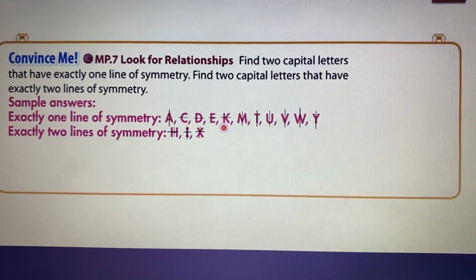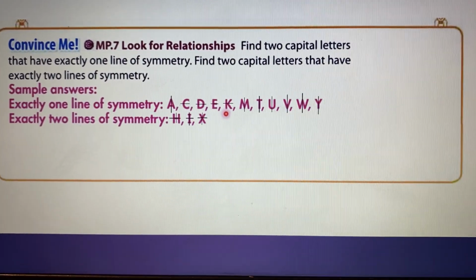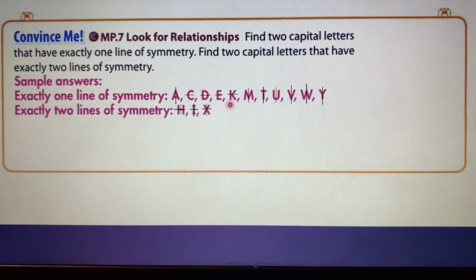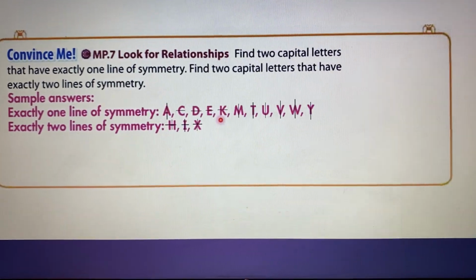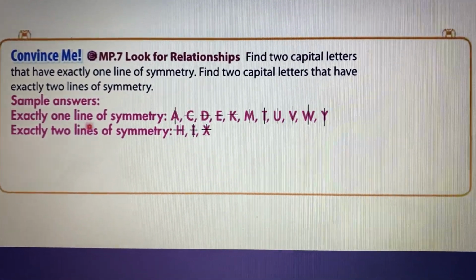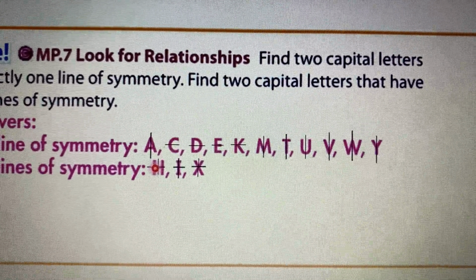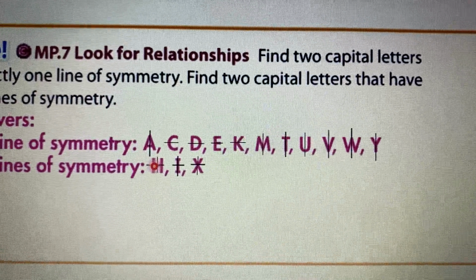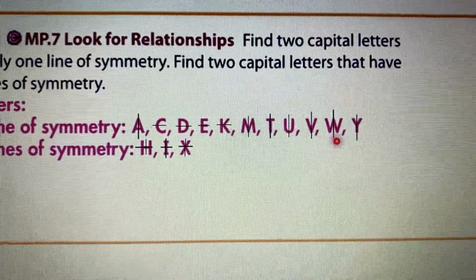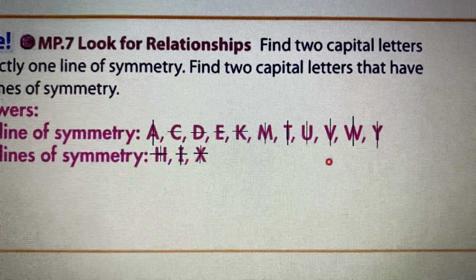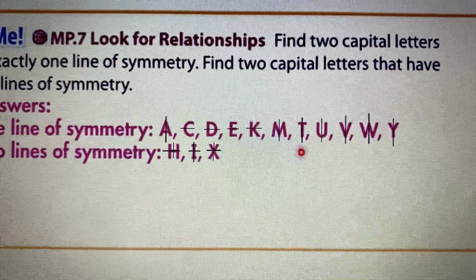In Convince Me, the question said, find 2 capital letters that have exactly 1 line of symmetry, and find another 2 capital letters that have exactly 2 lines of symmetry. So for exactly 1 line of symmetry, I have A, C, D, E, K, M, T, U, V, W, and Y. These letters can be folded only in one way.